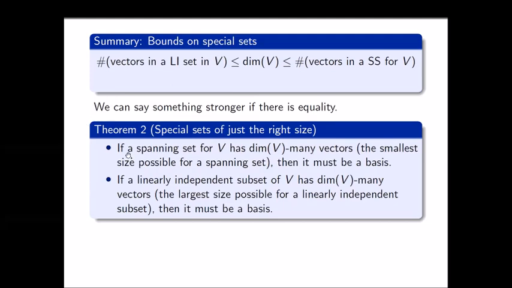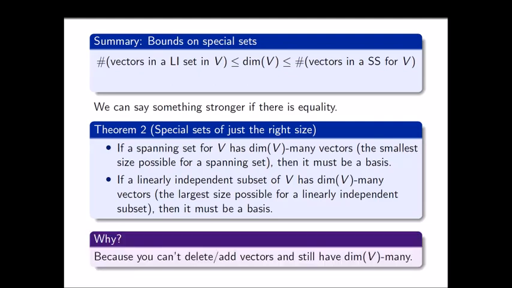So if a spanning set for V has dimension V many vectors, recall that this is the smallest possible size for a spanning set, then it has to be a basis. Similarly, if a linearly independent subset of V has dimension V many vectors, which is the largest possible size for a linearly independent subset, then it also must be a basis.